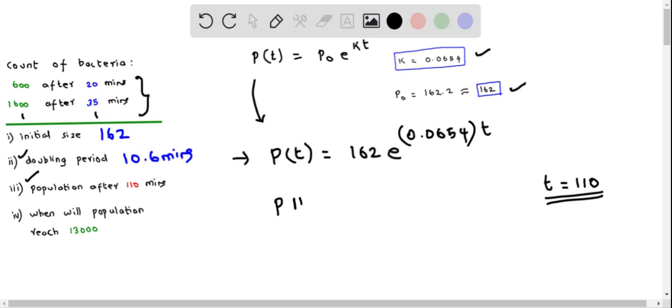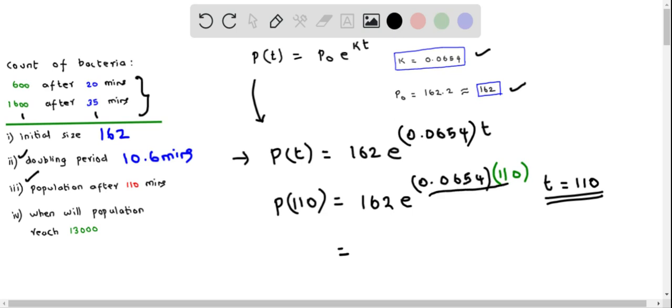So we get P of 110, which represents the population after 110 minutes. And this equals 162 e raised to the power of 0.0654. Replace t by 110. So this becomes 110. Now we put this expression into the calculator. That is, first we multiply these two quantities and then raise this to the power of e, and finally multiply with the multiplier 162.